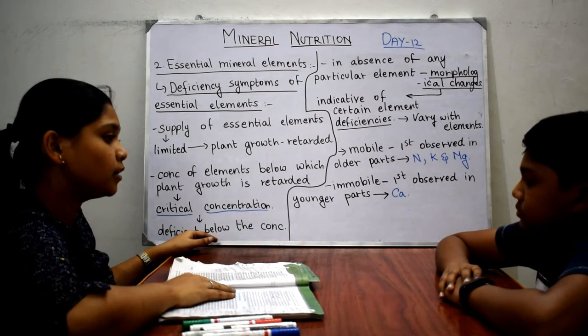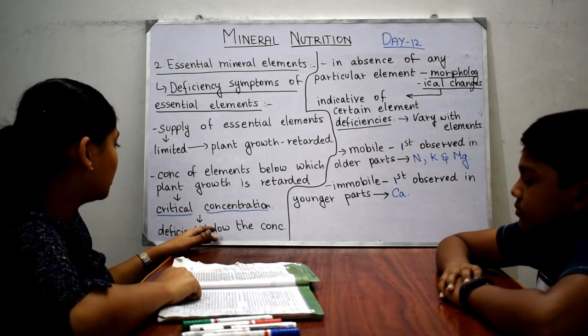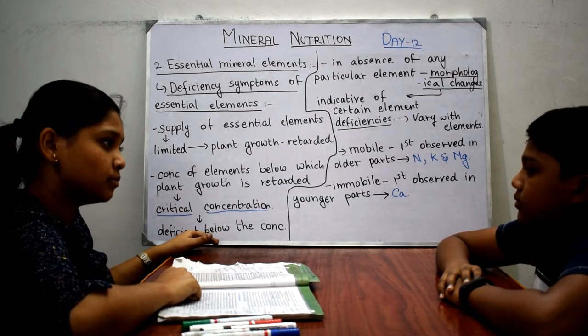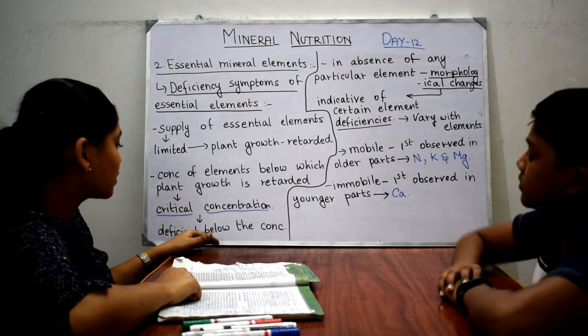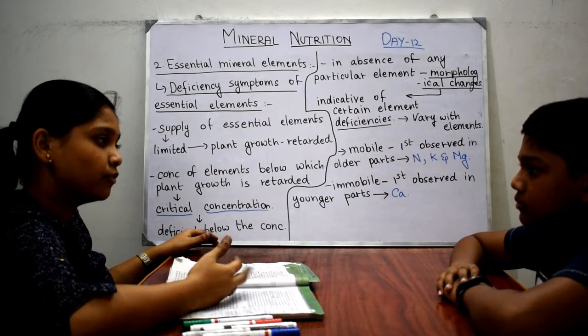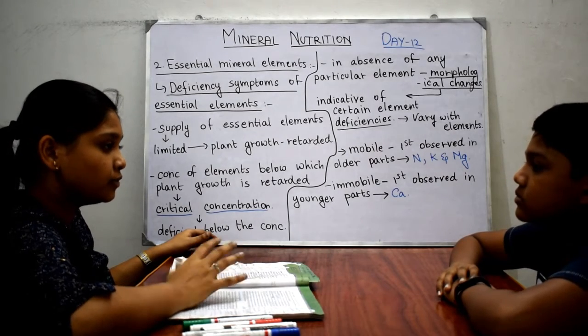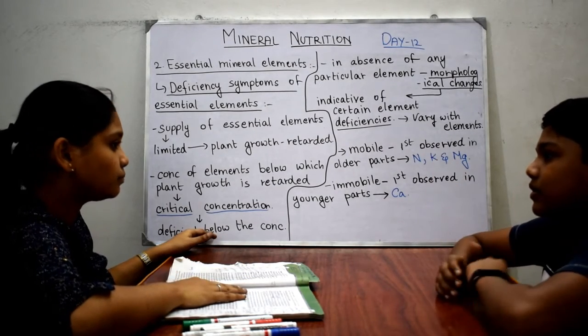When it is applied lower than the critical concentration, it shows deficiency symptoms, like leaf curling and yellowing of leaves, and eventually the plant will fall.